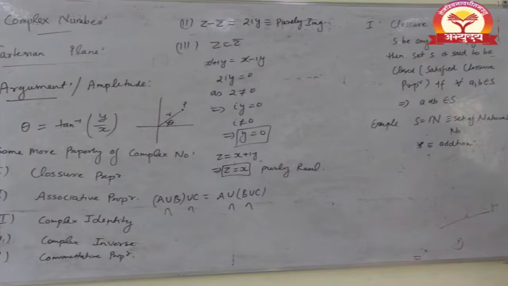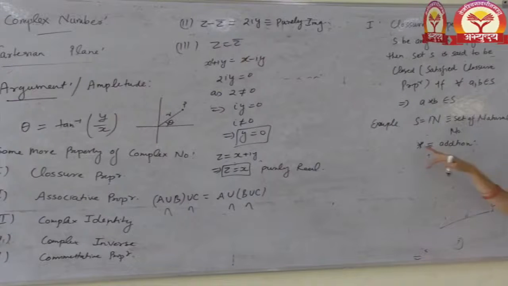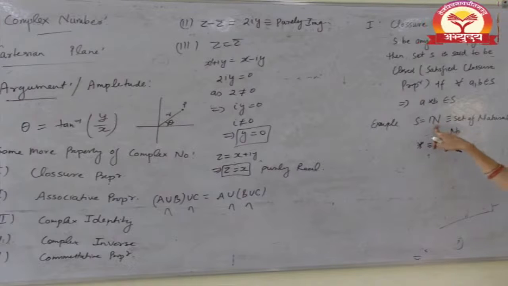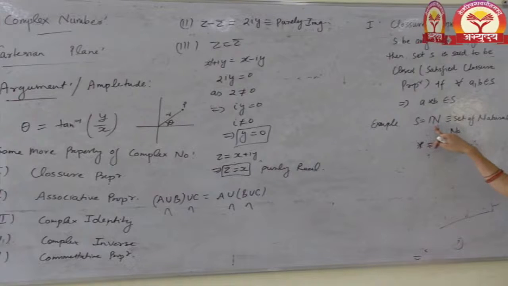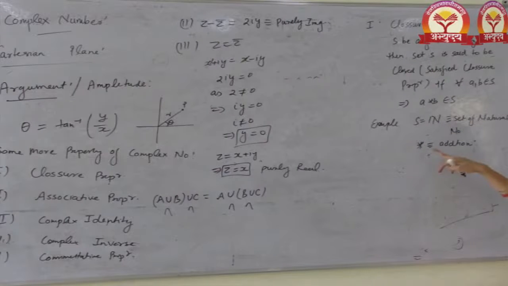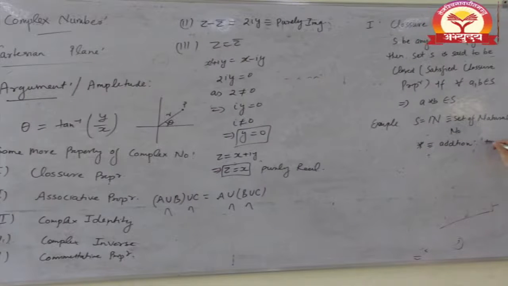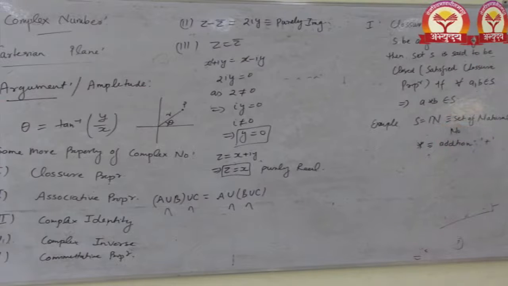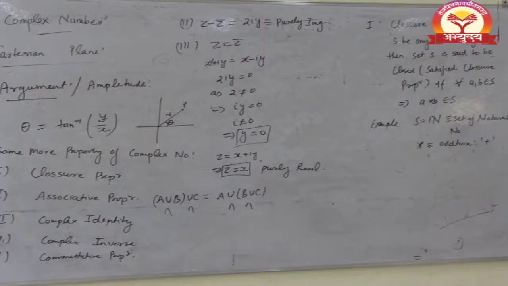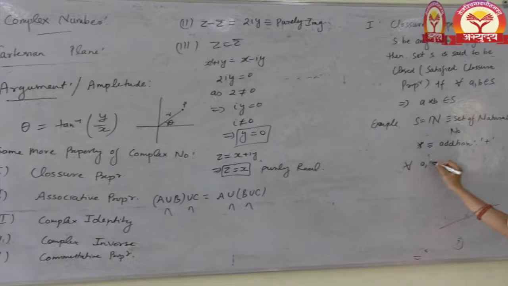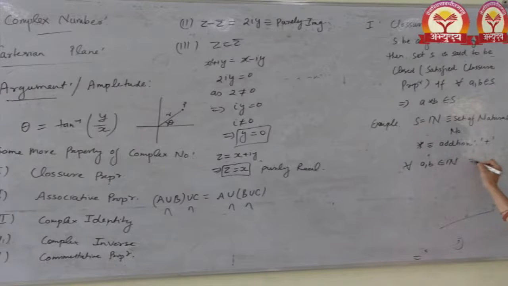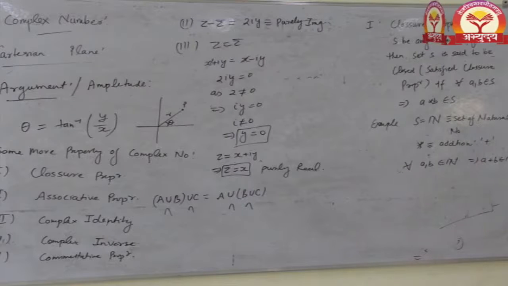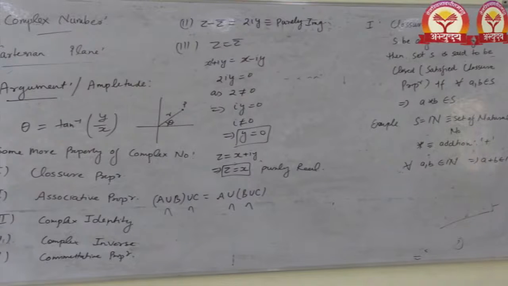It is a simple question and answer, no need to write it; you will see when we come to complex numbers. Simple question: suppose the set is the natural numbers, 1, 2 up to infinity, and star is addition here. Is this natural number set closed, does it satisfy the closure property? That means for every a, b belonging to the natural numbers, a plus b is also a natural number. Yes, the sum of two natural numbers is always a natural number.